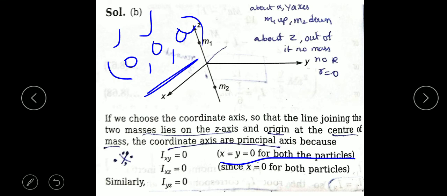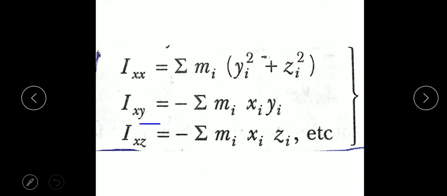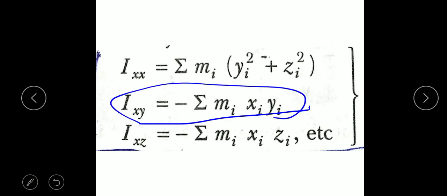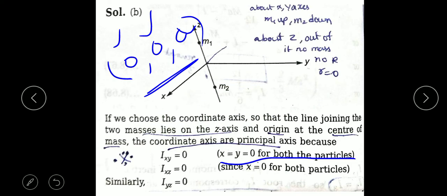This is the condition. Based on that condition and this formula, minus summation mi into xi yi, as both these coordinates are 0, Ixy would also be 0. That is the thing they have mentioned here. In a similar manner, Ixz equals 0 because the x component is 0.